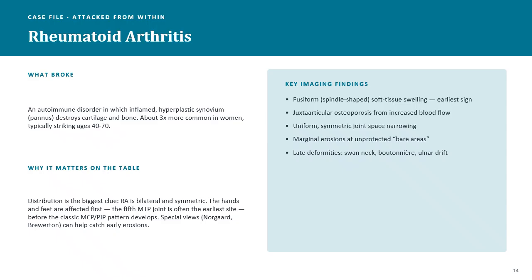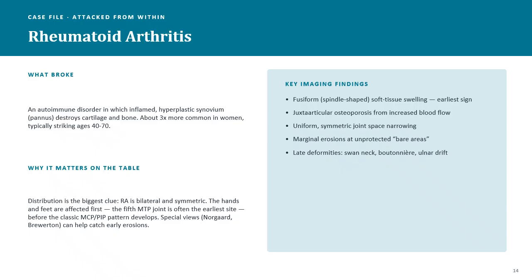The earliest radiographic sign for this condition might be fusiform soft tissue swelling. As the disease progresses, increased blood flow and disuse can produce articular osteoporosis. So again, uniform joint space narrowing and marginal erosions may then develop.